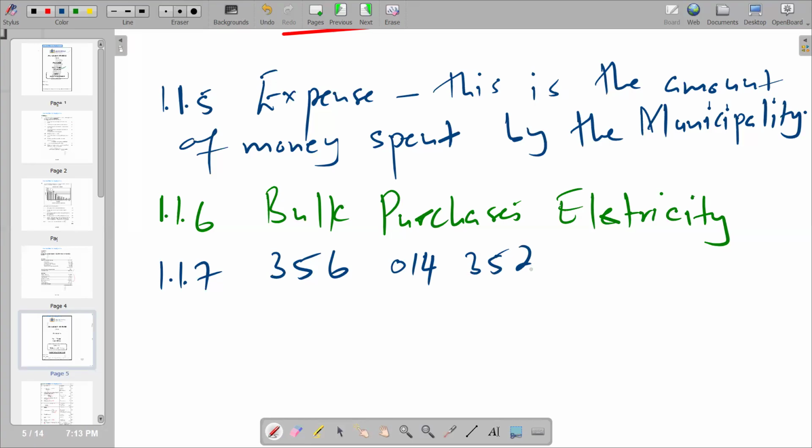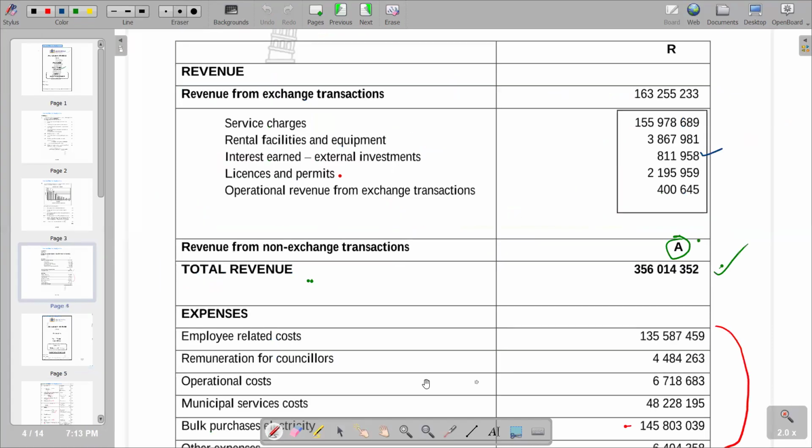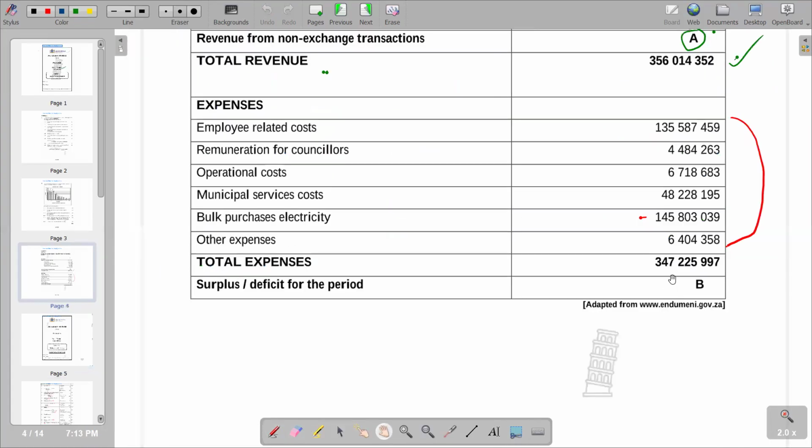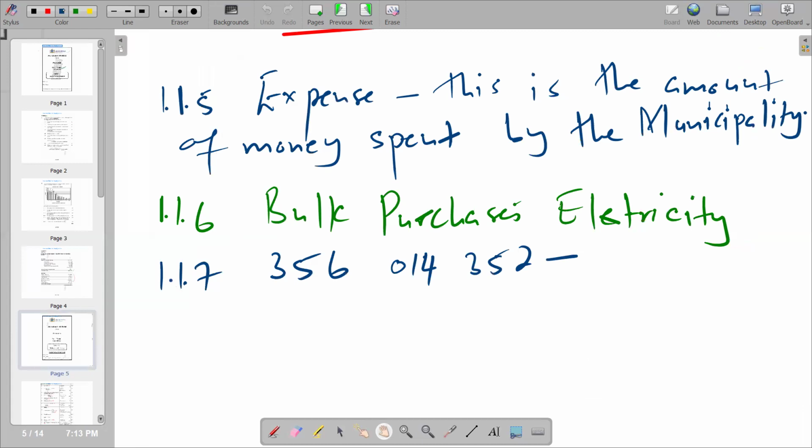And then we check our expenses figure, which we are going to subtract. We see that the expenses figure is going to be 347,225,997. So we check there and present it in such a way.